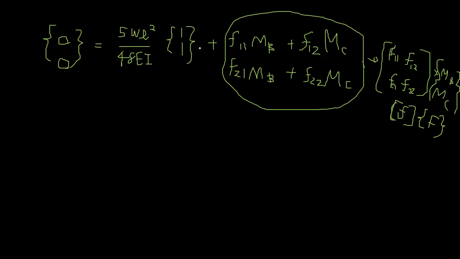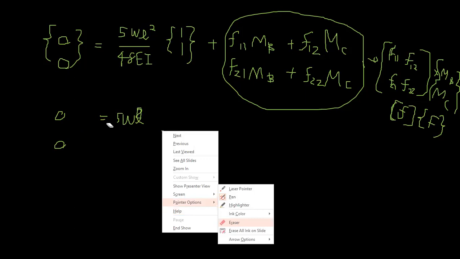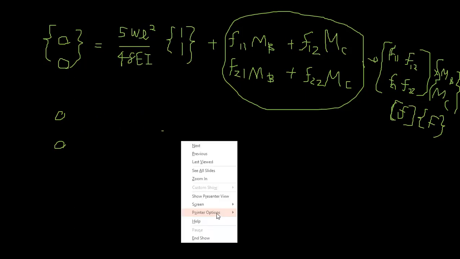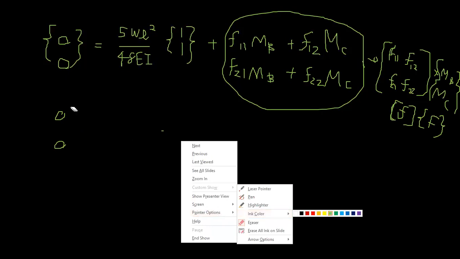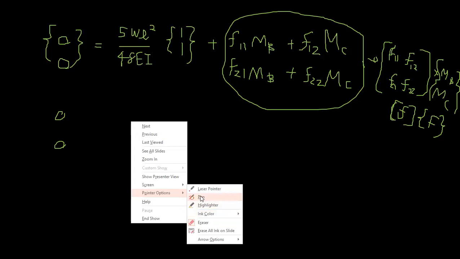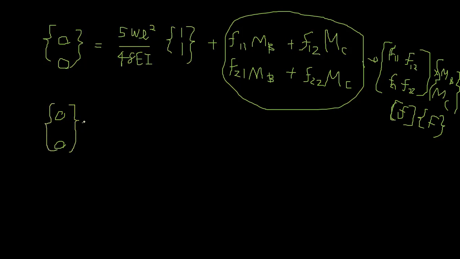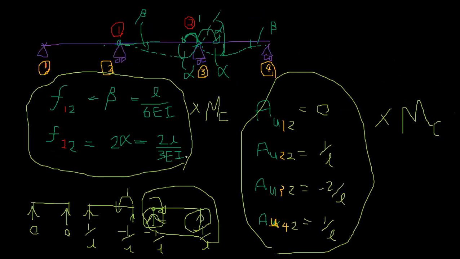So we just need to, so 0, 0, five, into 1 and 1 is equal to, so you know the matrix, you can just plug the values.